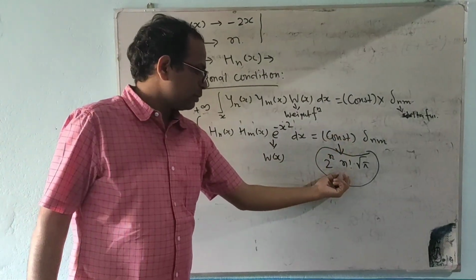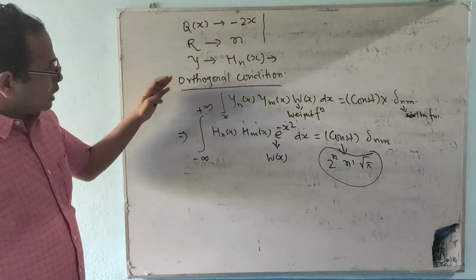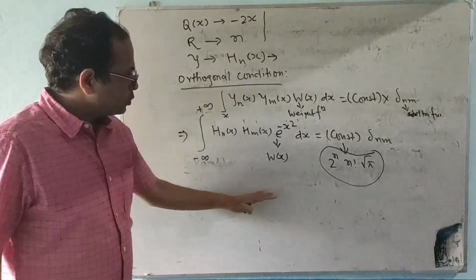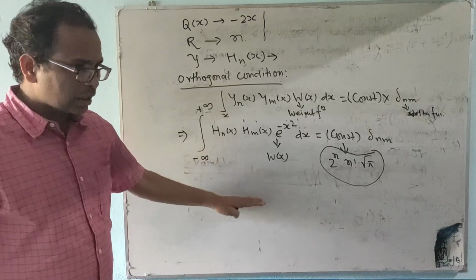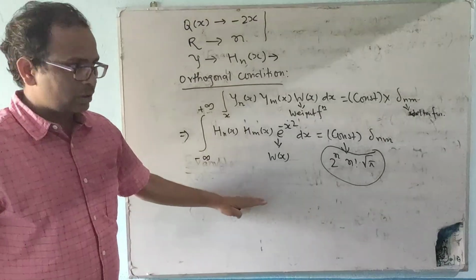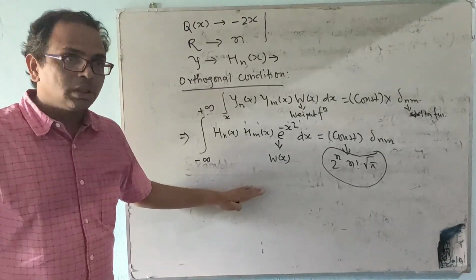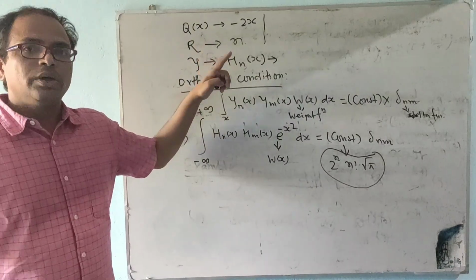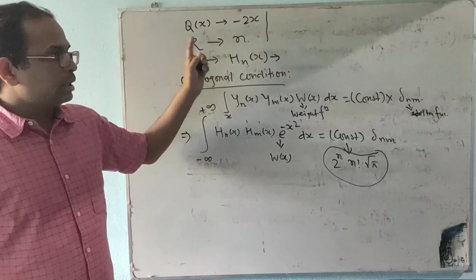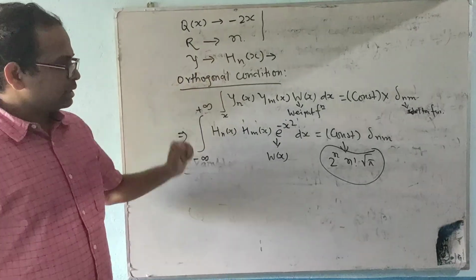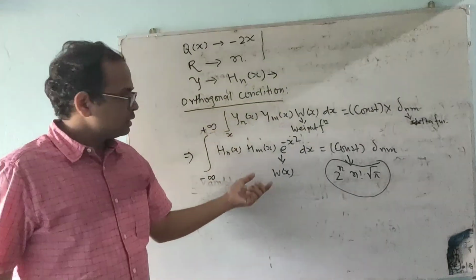Obviously, this constant will be different in that case. And once you know the orthogonal condition, which we will use in that simple method when you try to find the set of exactly solvable potentials, we summarize these orthogonal conditions.